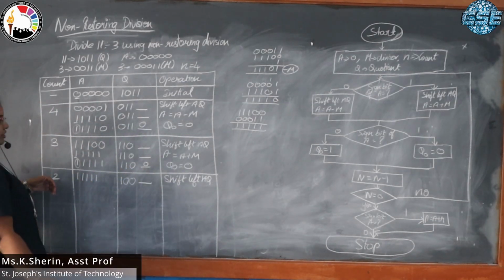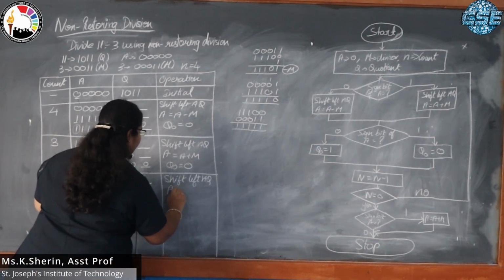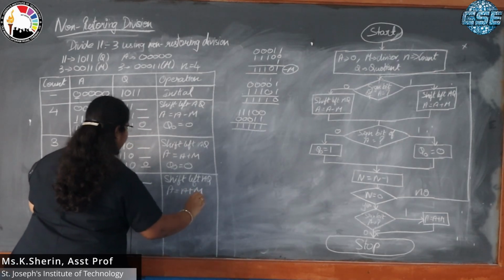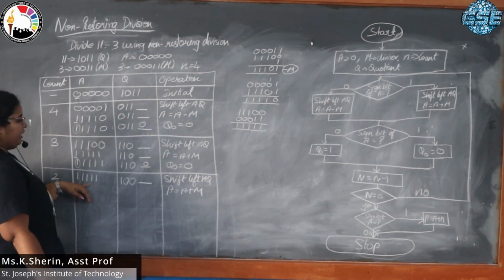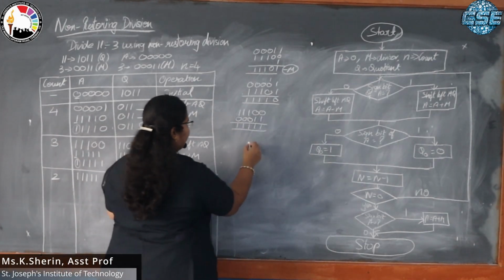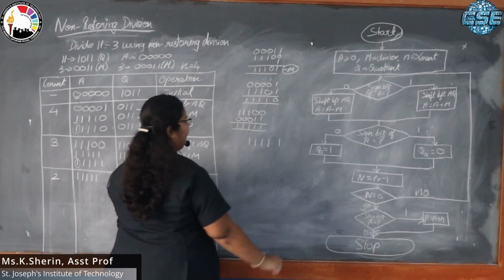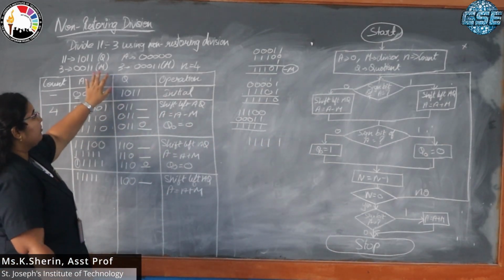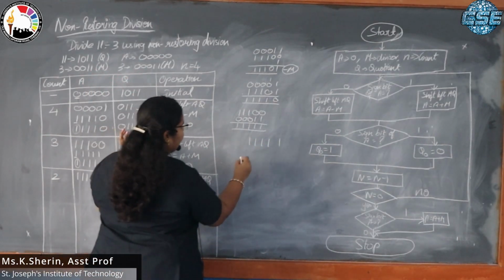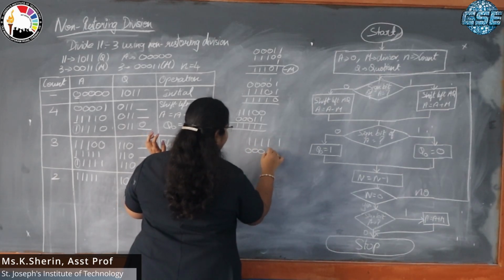What is the next operation? A is equal to A plus M. So when it's A plus M, you're taking all 5 ones. And what is my M value? My M value from the question is 00011.